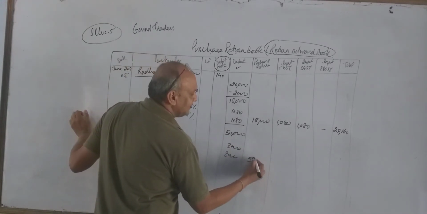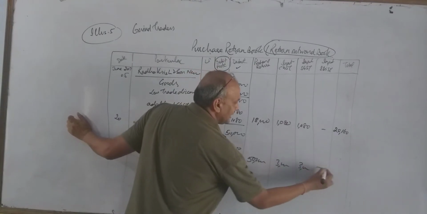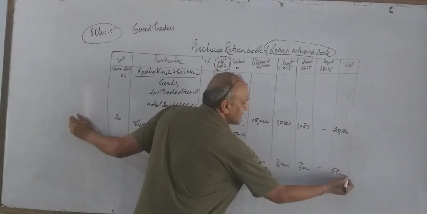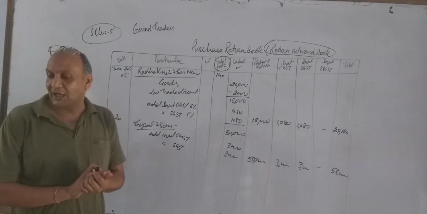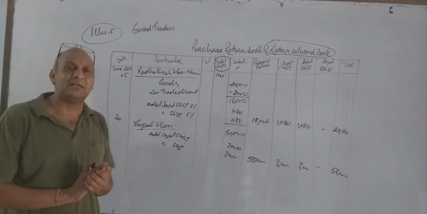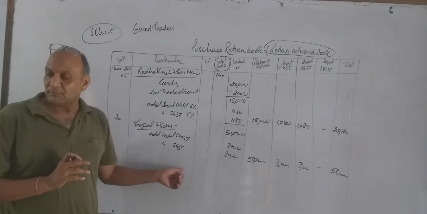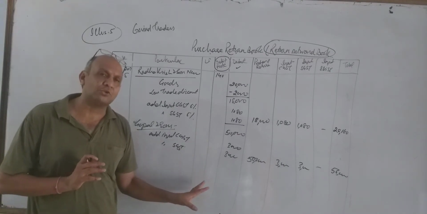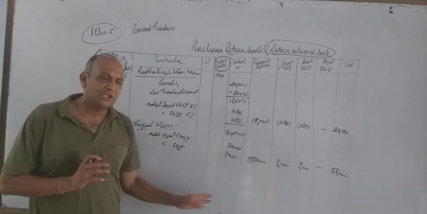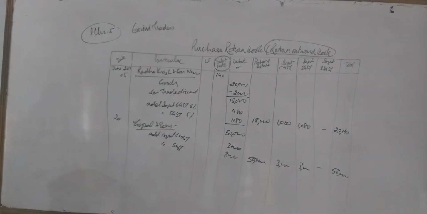Purchase return 50,000, 3,000, 3,000, dash, and it becomes 56,000. And in the same way, one more entry is given: allowance claimed from Raghuveer Prasad, without trade discount. Claim here means the invoice bill was not according to the proper order. So in this way we are going to prepare our purchase return book.